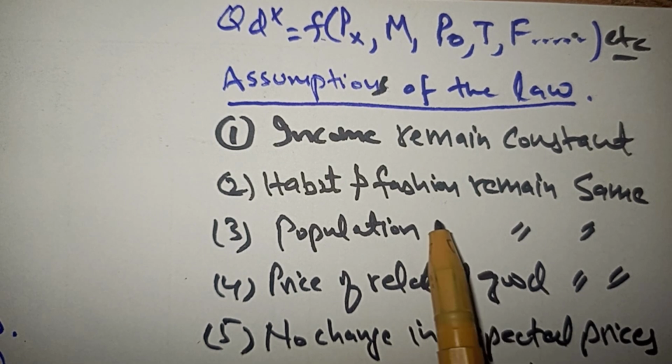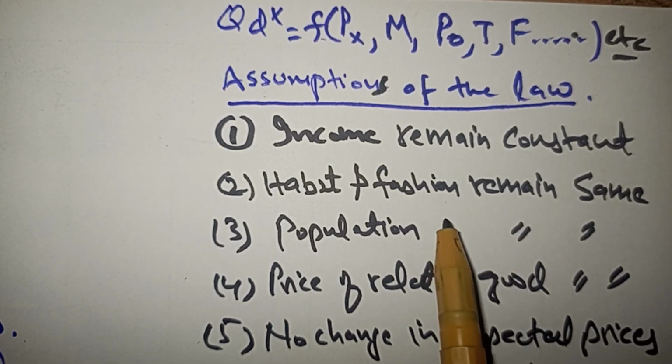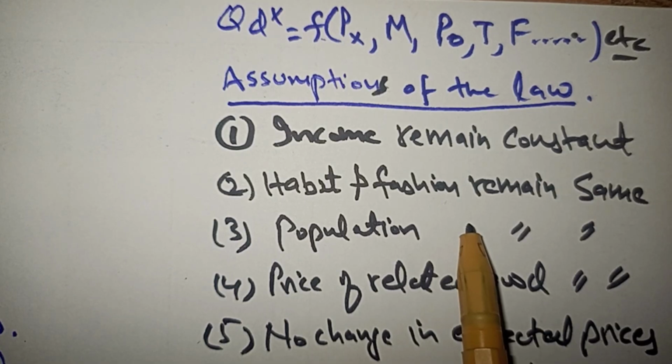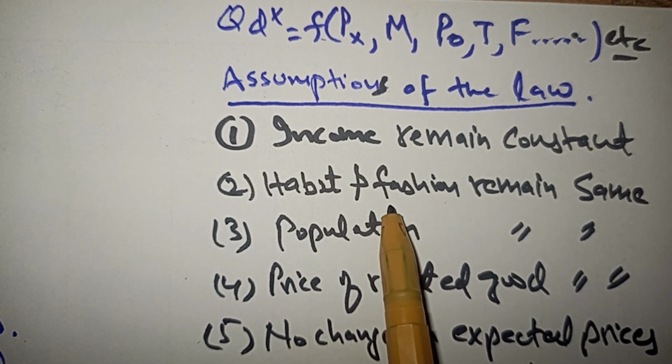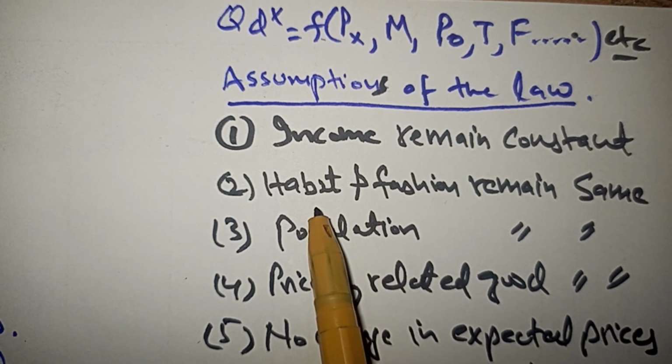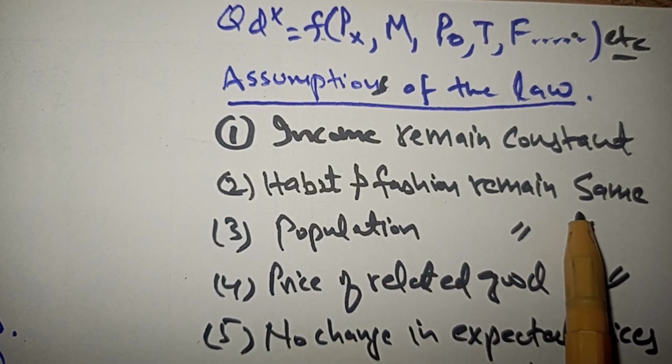Because if there is any change in the taste of the consumer, it will ultimately bring a change in the quantity demanded irrespective of any change in price. So in that case, the law of demand will not be valid. For proving the law, we assume that habit and fashion of the consumer remain constant.